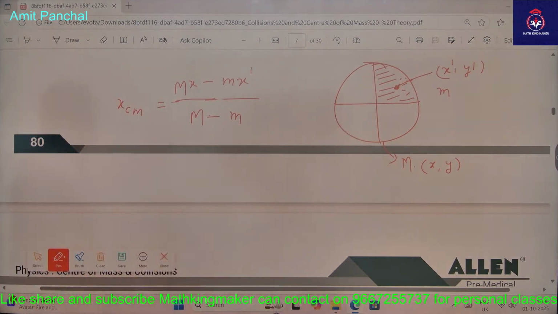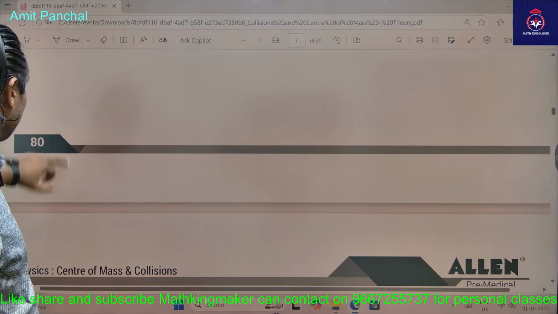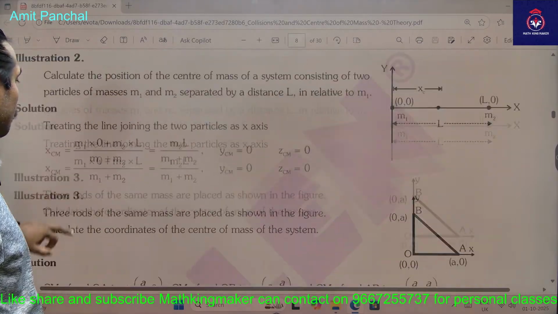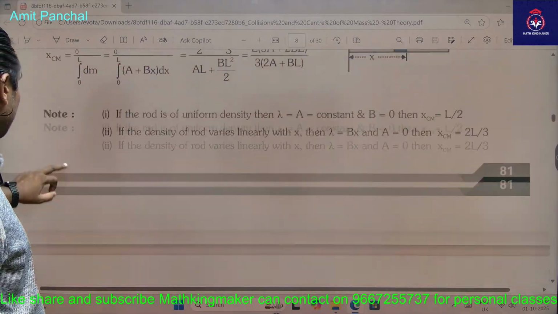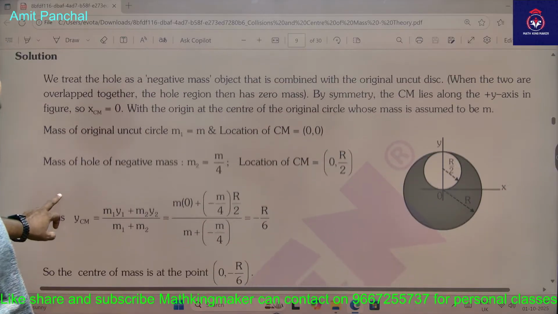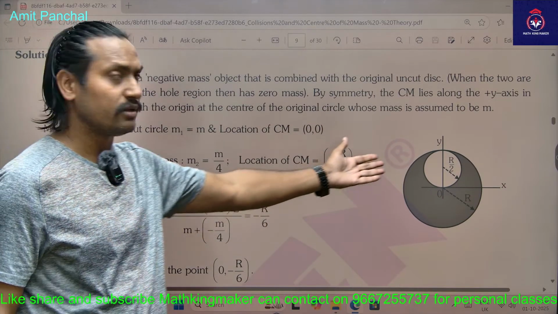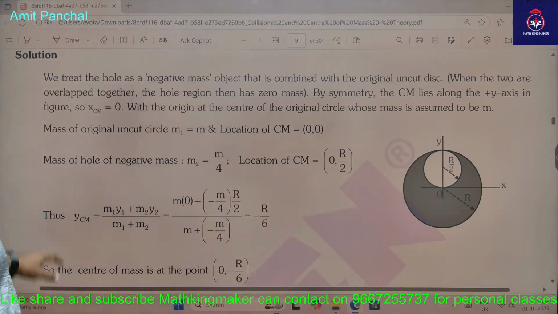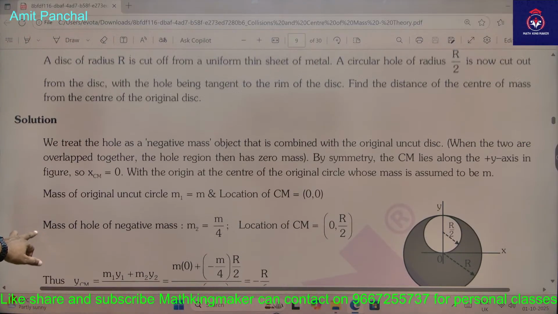But if mass isn't given? It will be given. Can you go to illustration 7, 8 or 9? They are not given the mass. How was the fifth question done? In the fifth, they did give us a mass.